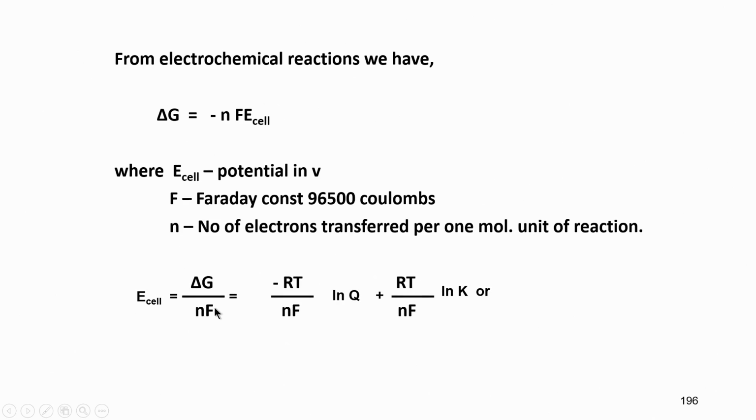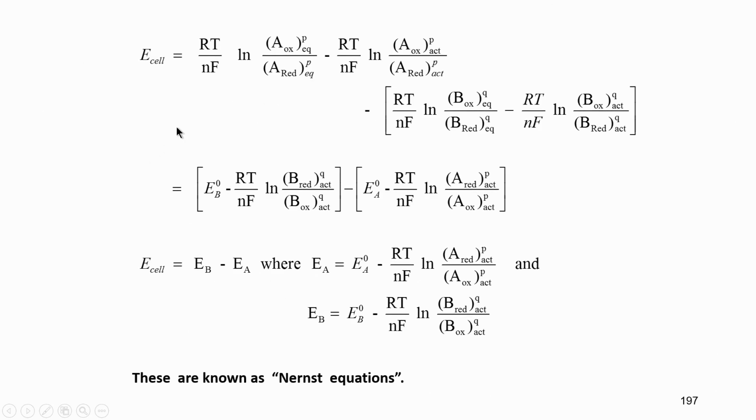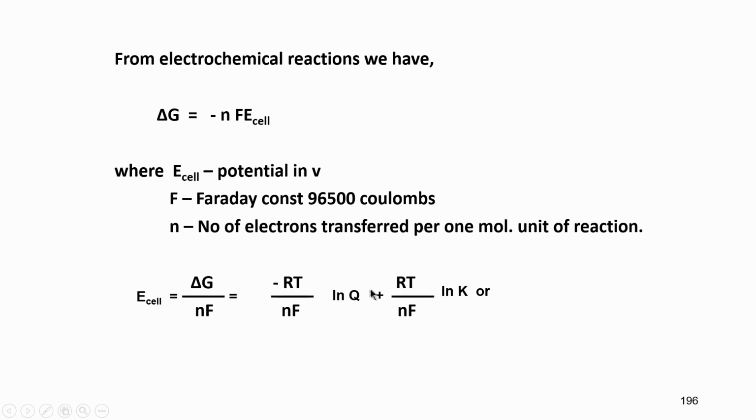So, look at it. Now I can write E cell, I can reorganize this. I am going to put the value of Q and value of K in terms of activity coefficients.